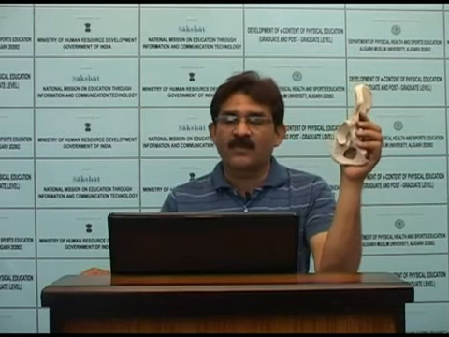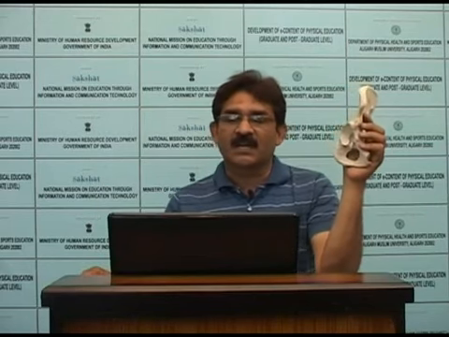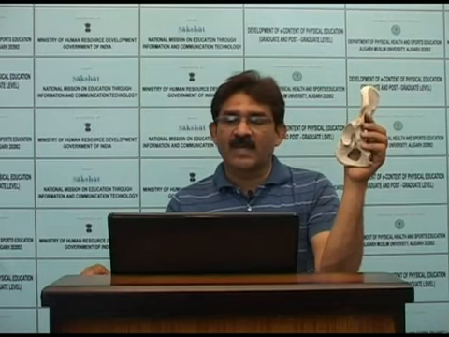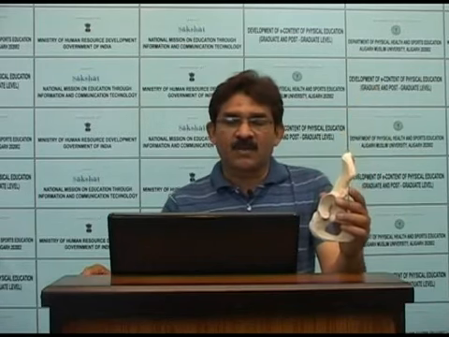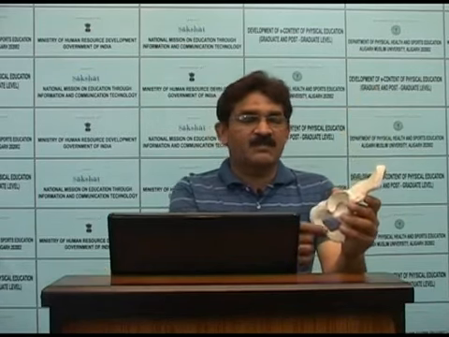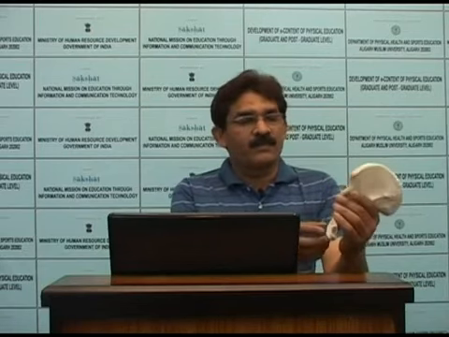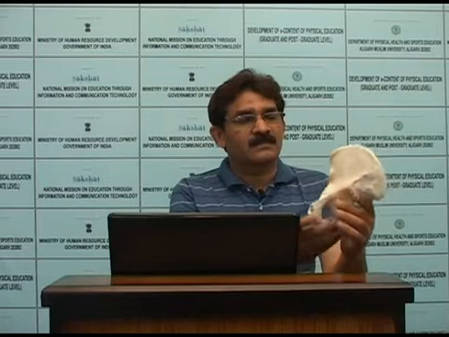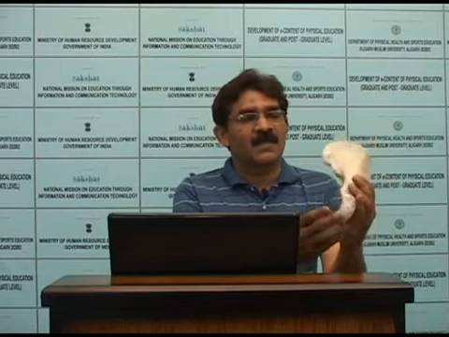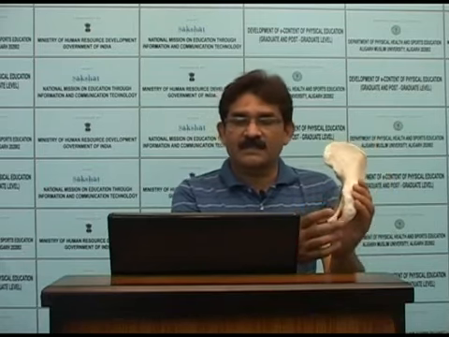Body of the ischium forms the posterior and inferior two-fifths of the acetabulum; ischial spine, lesser sciatic notch, ramus of the ischium. This is the ramus and ischial tuberosity. This is the pubic symphysis.